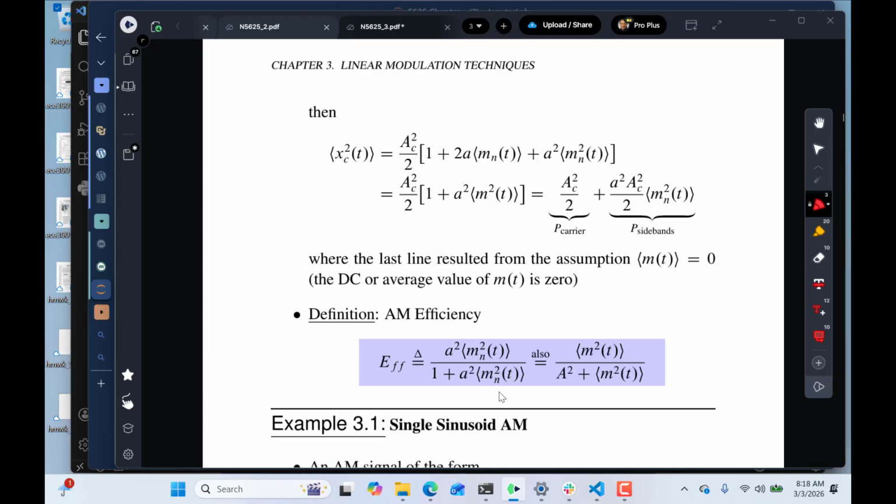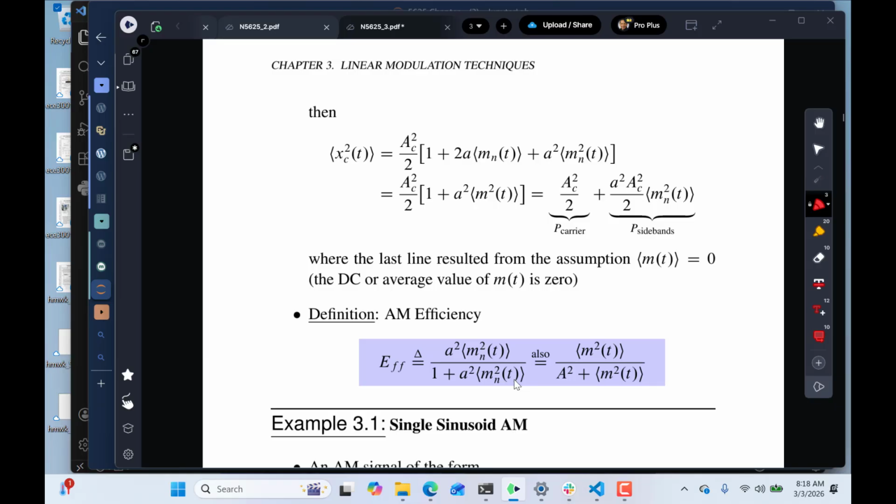So you find the ratio, and this analysis here just says it boils down to a squared times the power in the normalized message divided by 1 plus a squared times the power in the normalized message. And the carrier power, AC, is just sort of dropped away because it's present in both terms. But this gives you the ratio then of the efficiency, how much power is in the top versus how much power is in the bottom.